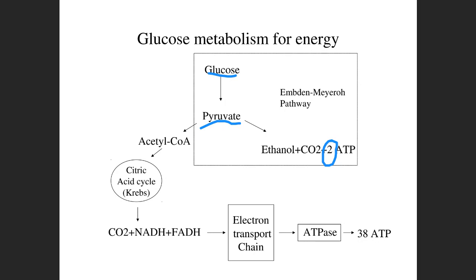The TCA cycle will take the acetyl-CoA and then burn it, well, metabolize it, or catabolize it into CO2 and generate NADH and FADH2. Notice that I did not put numbers in here, okay?